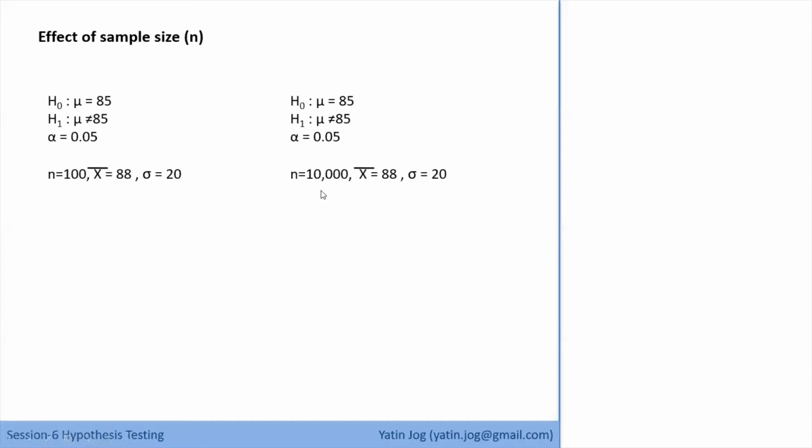Both researchers are researching the same H0 and H1 with the same mean and standard deviation, so we are just checking the effect of sample size. Substitute all these values and tell me your understanding of the effect of sample size. Any guess?